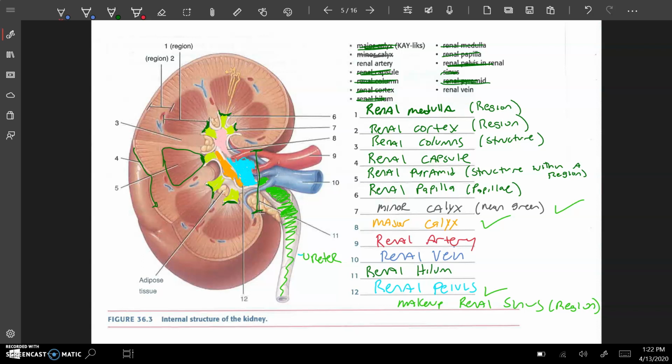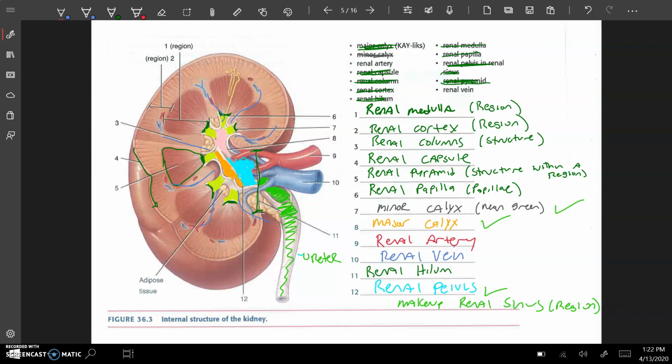So let's put it all together now. If we're talking about the renal artery and the renal vein, 9 and 10, they're going to branch and go all in here around the pyramids. They're going to bring blood in to be filtered, and then of course blood out.